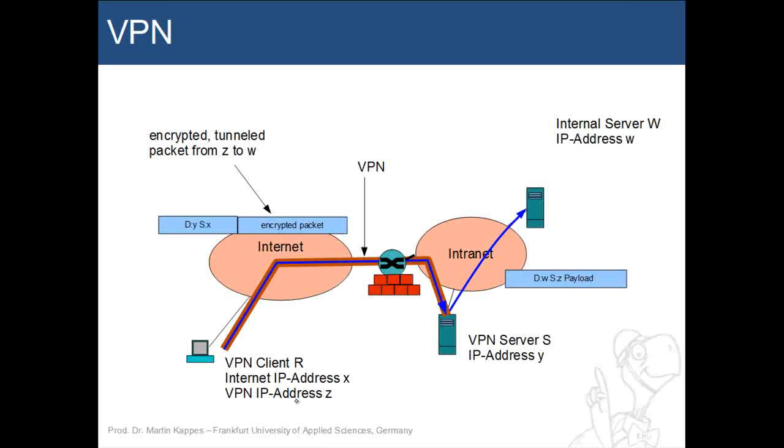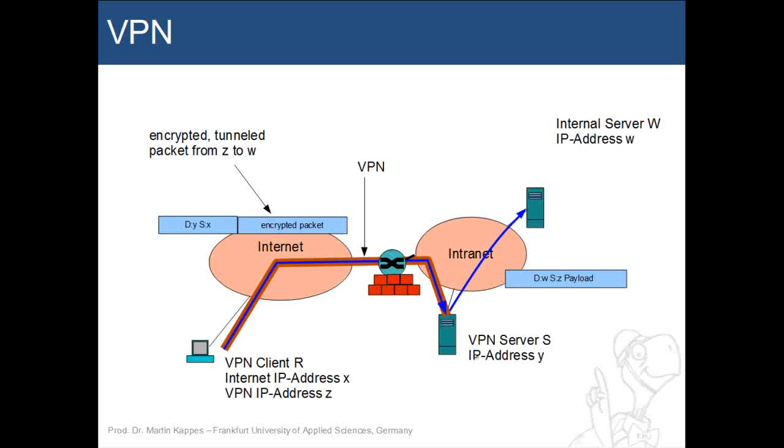Now then, deeper down, we're going to see this in the networking stack. What would happen is that this IP address Z, since it's actually an IP address belonging to the intranet, cannot really be used from this position. So the VPN software would take the packet that was created from Z to W and encapsulate this packet, which means encrypt it and put it into another packet, which would then be sent to the VPN server.